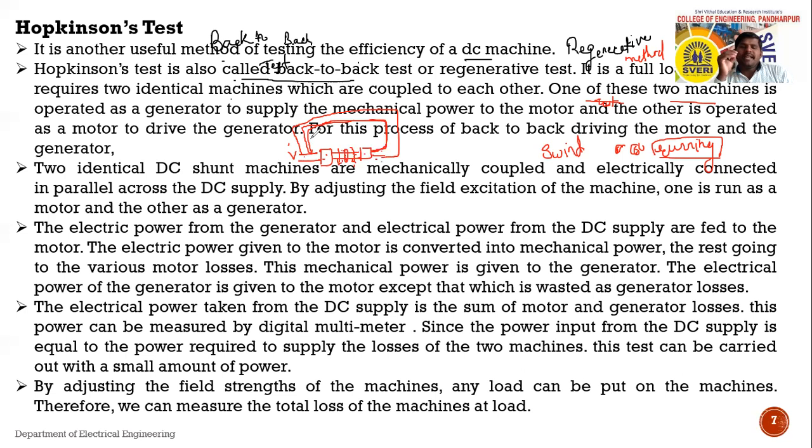So minimum supply is taken from the supply lines, and both machines are running on their individual power.